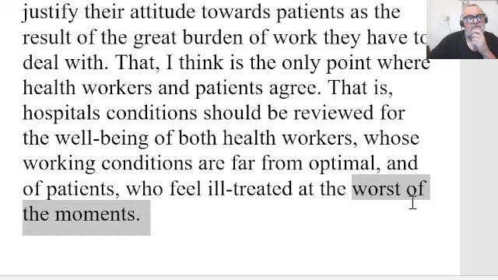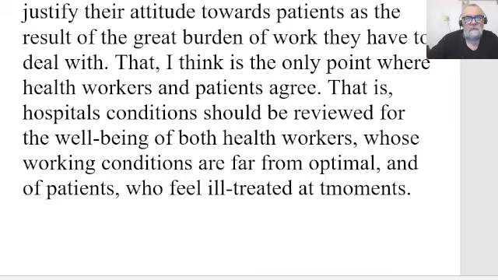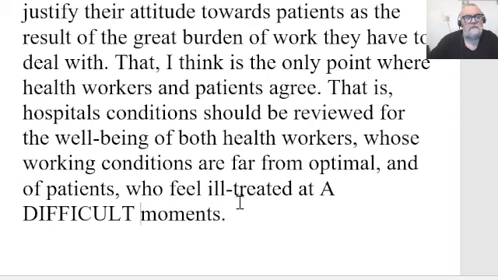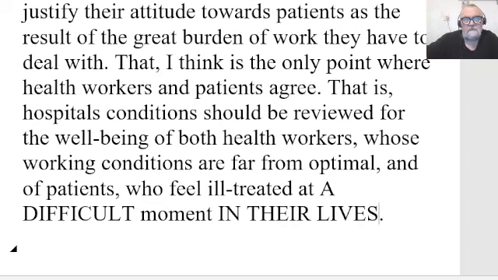I'm going to change this: at a difficult moment in their lives.